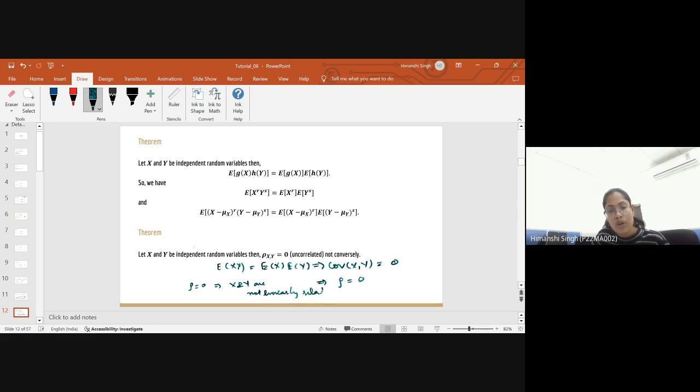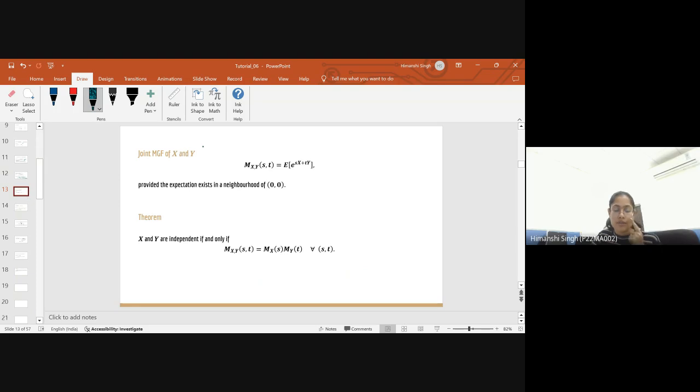There will be no linear relationship between x and y, but they can be dependent. The relationship may be of some other kind, but they will not be linearly related. In general, they may be dependent on each other, so we cannot say that x and y are independent. So this is basically the theorem for that.